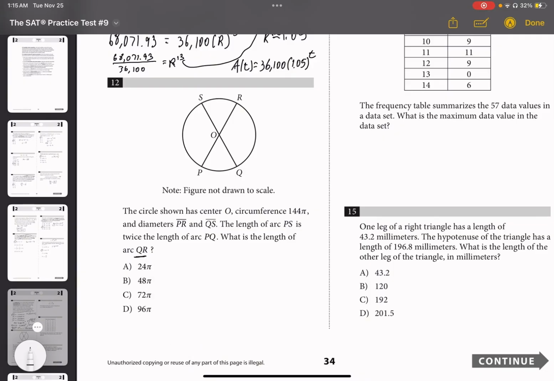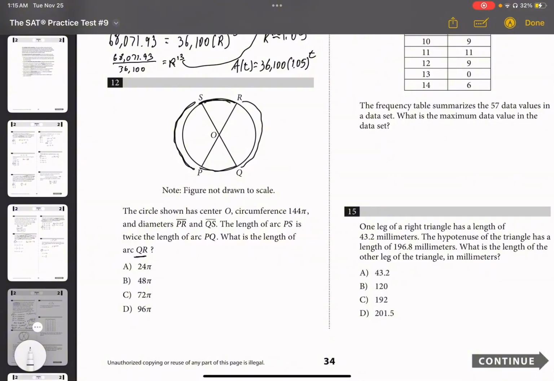Or arc QR, sorry. So we have PQ and RS, and then we have RQ and PS.